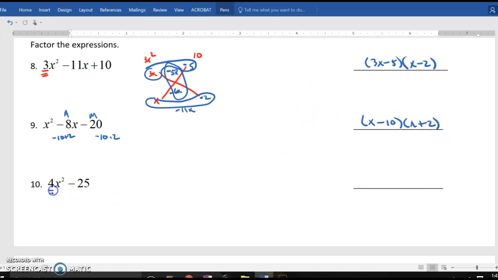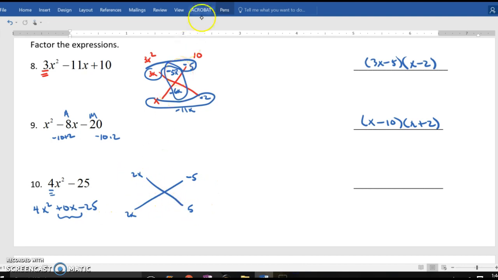And the last one, since there's a number in front of x squared, we're going to do this. But the one thing you want to see is 4x squared plus 0x minus 25. Since there's no x term, we're going to put 0x in here. So we have 2x, we have 2x, then negative 25 will go negative 5 and 5.